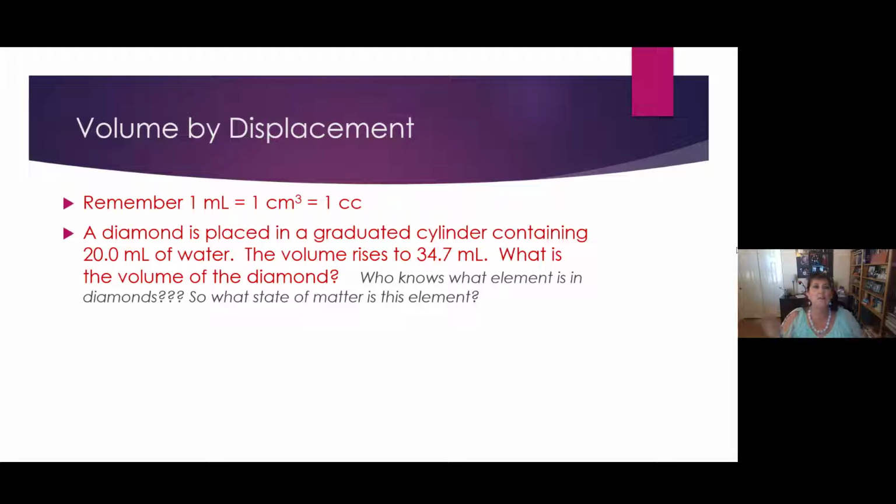All right, so here's volume by displacement. Let's pretend I have a really big diamond and I put it in a graduated cylinder that contains 20 milliliters of water. So I put the diamond in, the volume rises to 34.7 milliliters. What's the volume of the diamond?